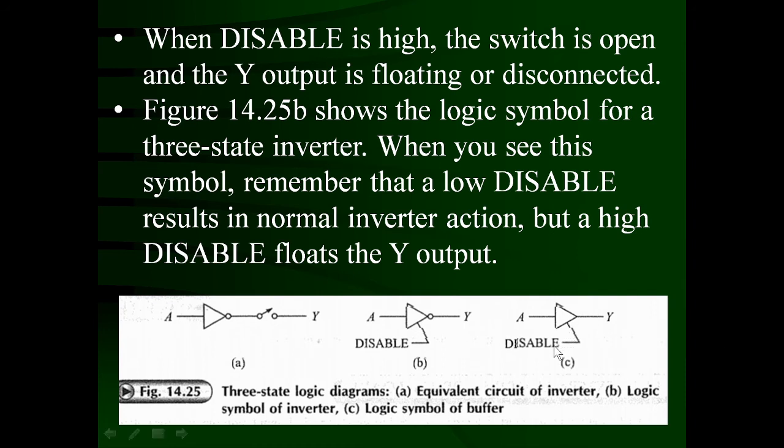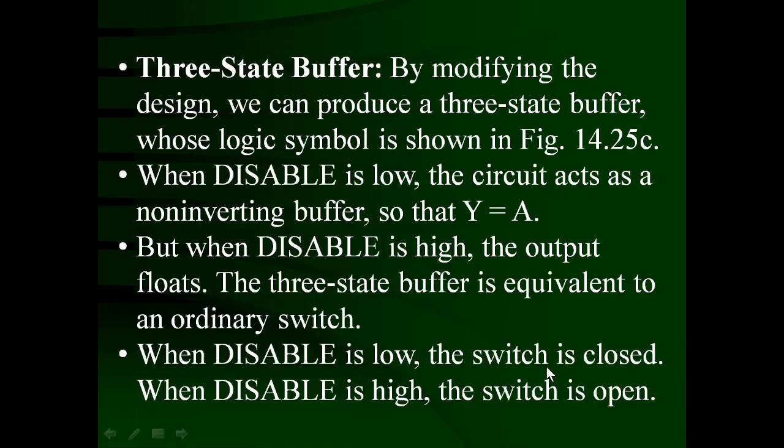When the decibel is low, the switch is closed. And when the decibel is high, the switch works as an open switch. This is the way this non-inverting buffer circuit works. Three-state buffer. By modifying the design, we can produce a three-state buffer whose logic symbol is shown in figure 14.25c.